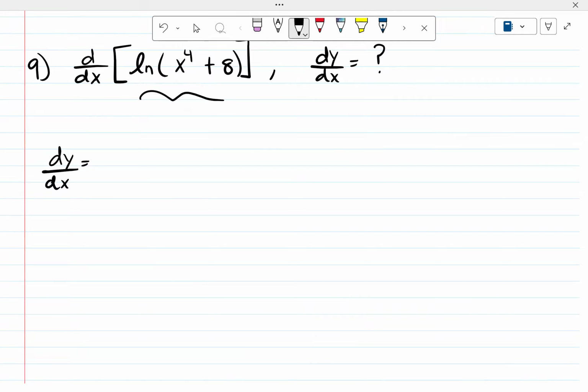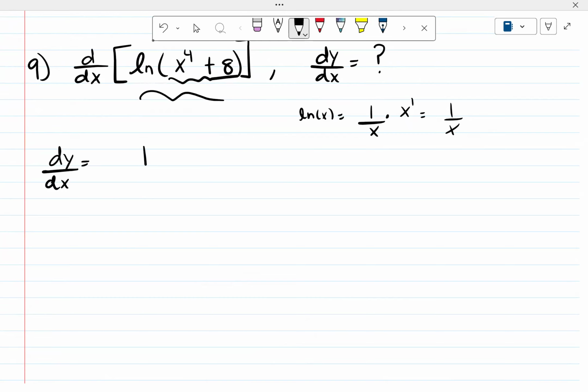When you see an ln, the derivative of ln of x is 1 over x times the derivative of the parentheses. It's the same concept. The only difference is our parentheses is not x, it's x fourth plus 8.